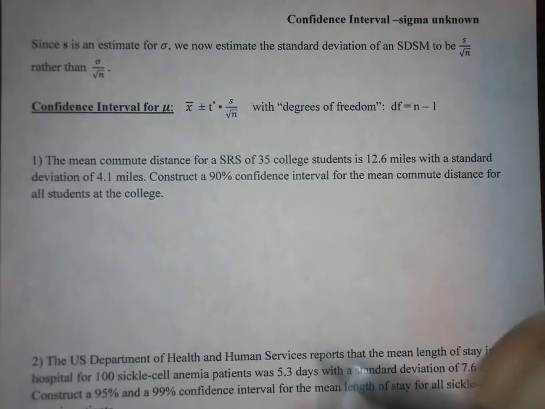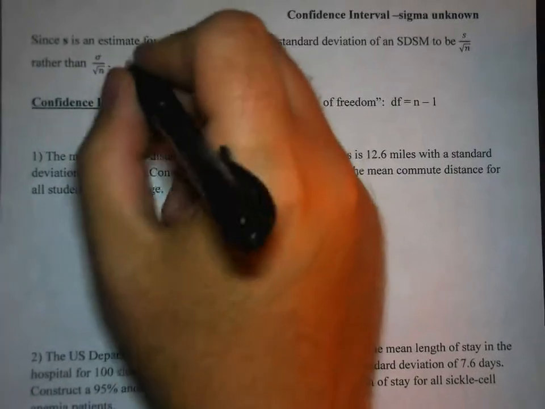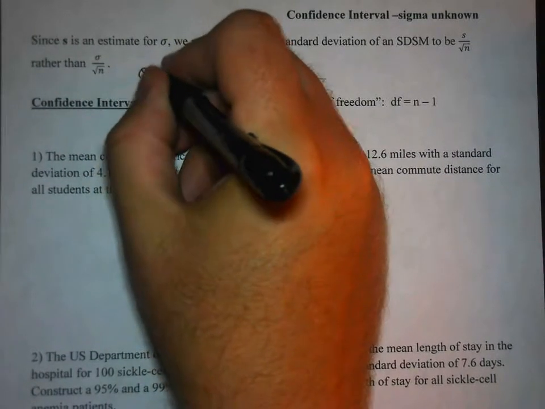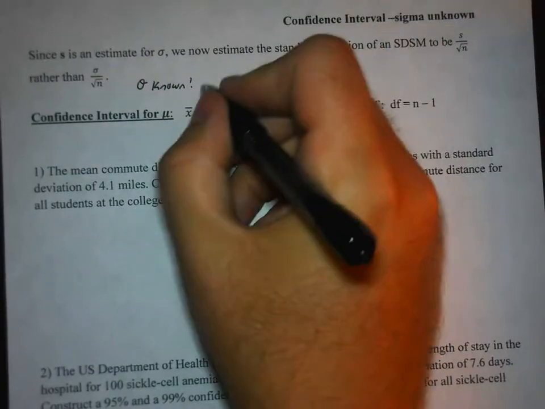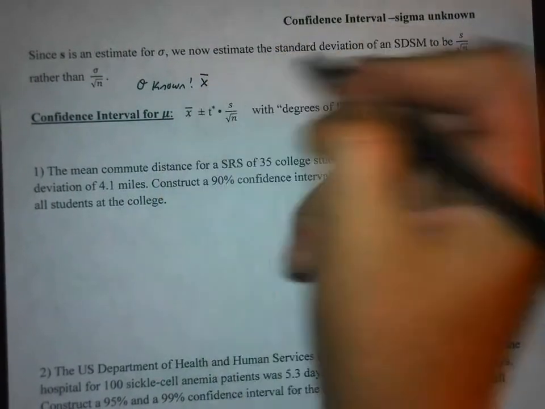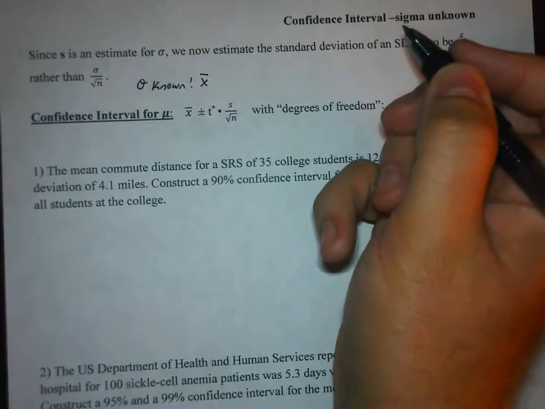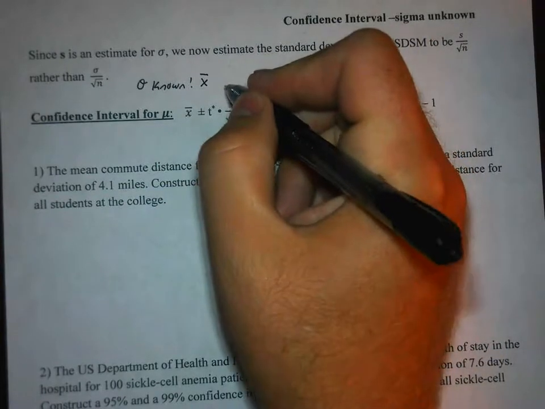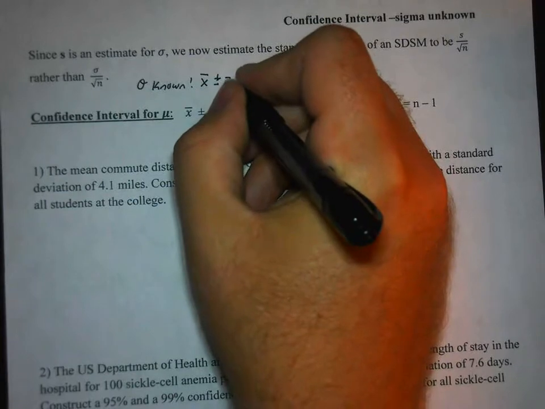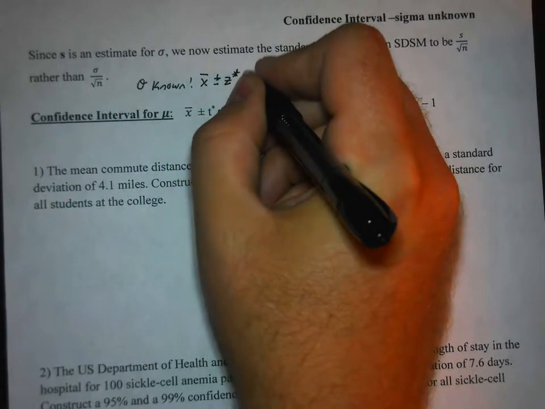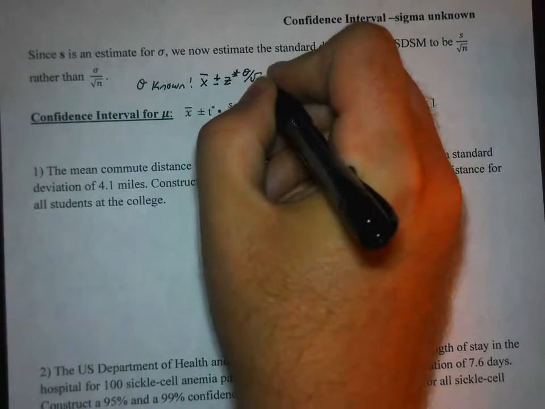Now remember, when we use the SDSM and when sigma is known, for our confidence interval, we take our sample mean, x bar, which is our best estimate for mu so far, and add or subtract that margin of error, which was z star times sigma over the square root of n.